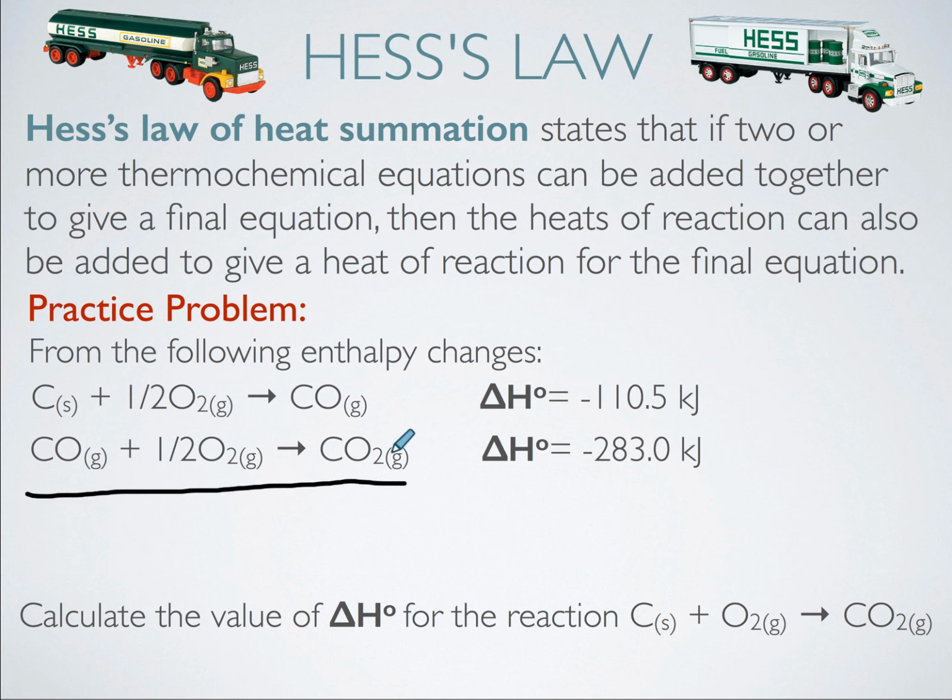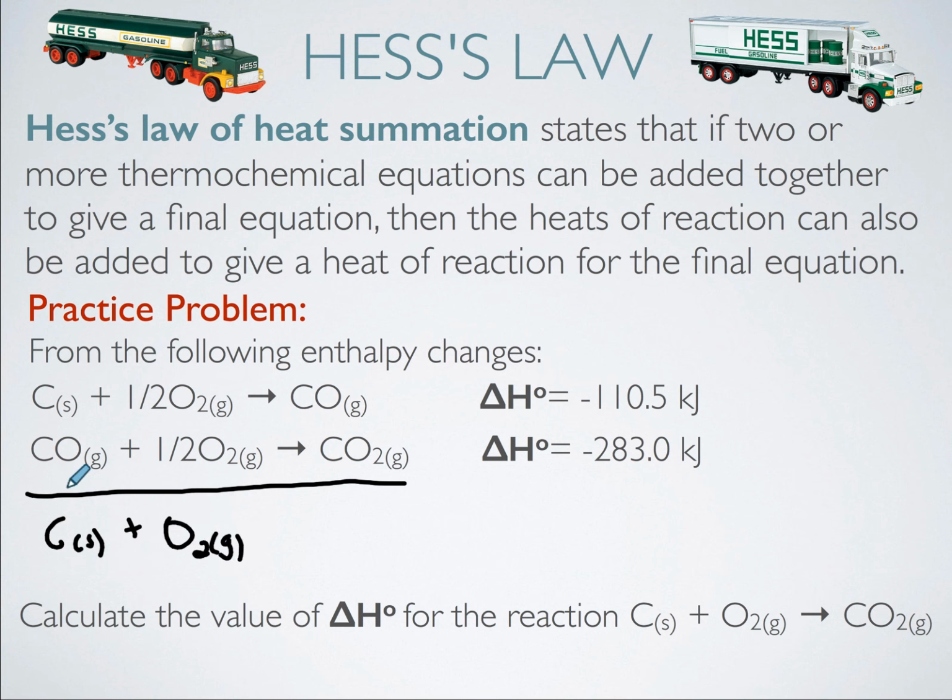Carbon is not connected to anything else on here. There's no other carbons that could potentially add to it or cancel out, so I'm just going to bring that straight through to the bottom. So I have carbon solid. Here I have half of an oxygen plus half of an oxygen. That would be a whole oxygen, so plus O2 gas.